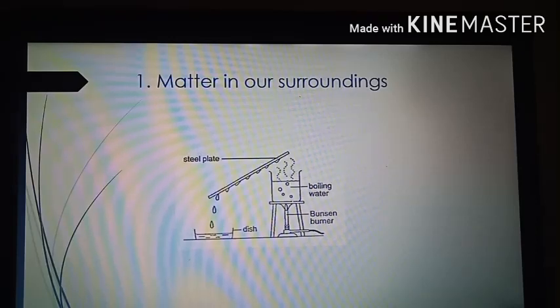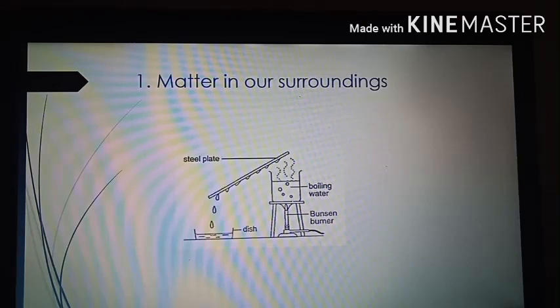We will also learn about the characteristics of particles of matter. In brief, we learn that particles of matter have space between them, particles of matter are continuously moving, and particles of matter attract each other.